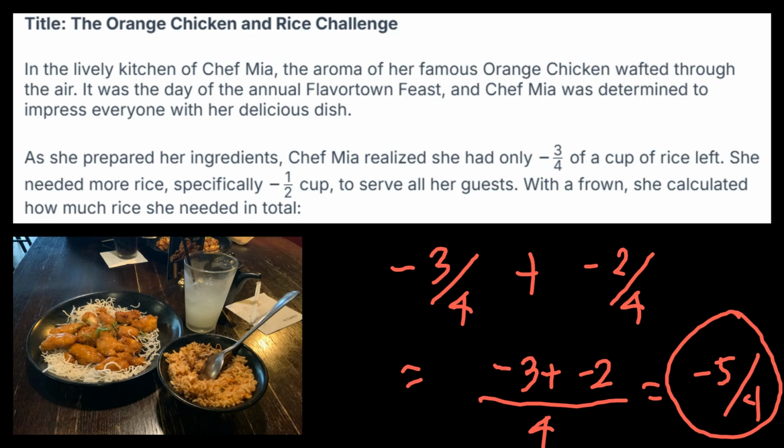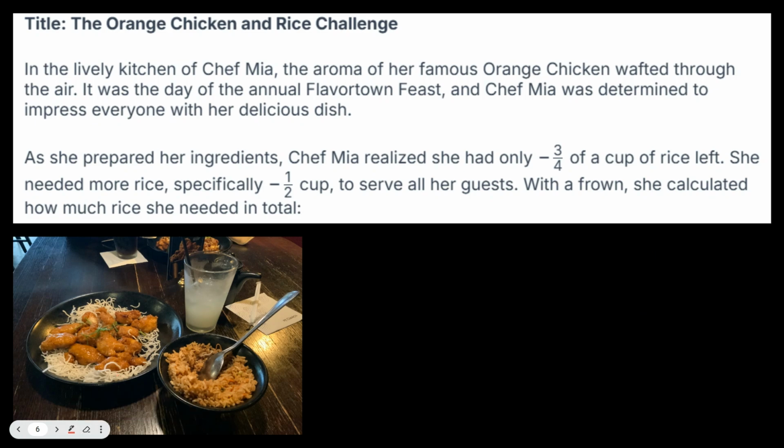This actually means that Chef Mia needed negative 5 fourths of cups of rice. If we're going to change this to mixed form, let's change negative 5 fourths to mixed form.